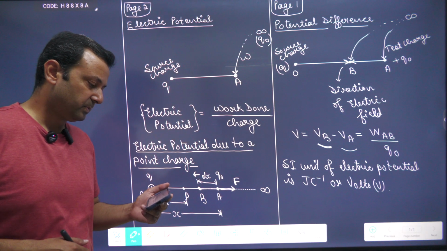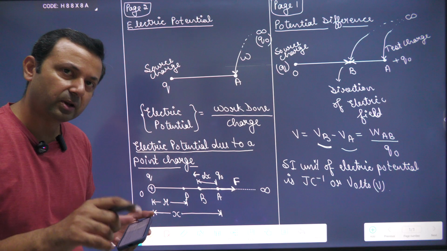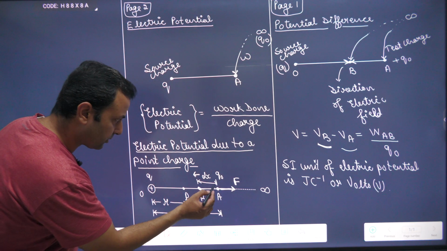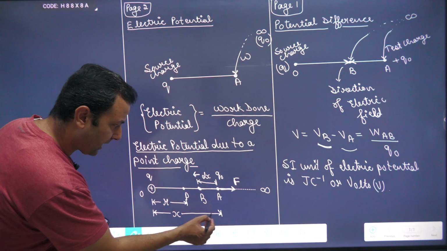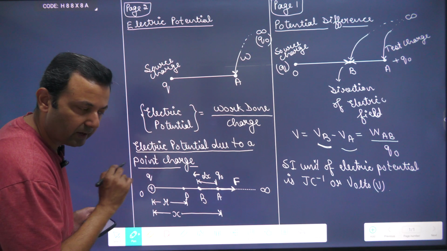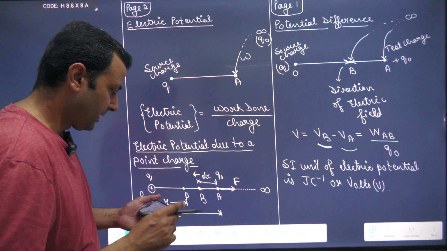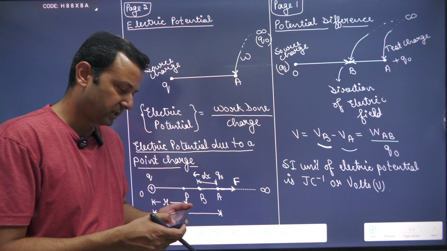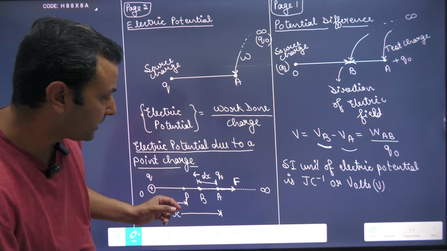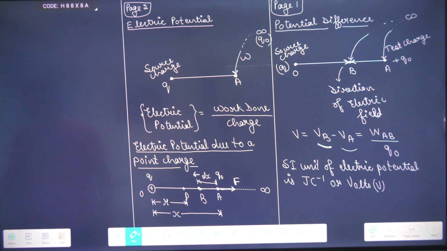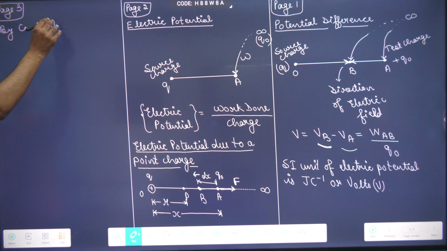Suppose a test charge Q naught is placed at point A at distance small x from point O. By Coulomb's law, the electrostatic force acting on charge Q naught is... Is this clear?